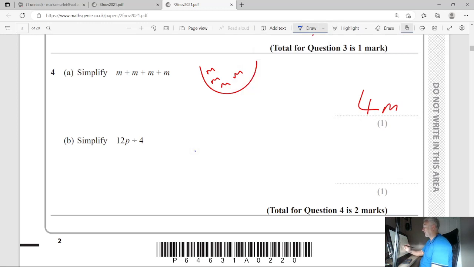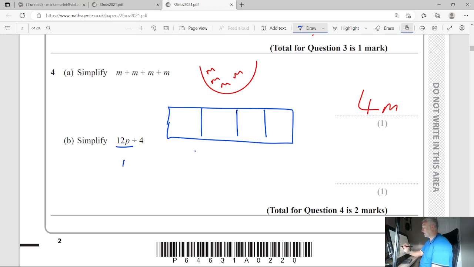Part B. I've got 12 lots of p, and I'm going to cut them into 4 bowls. So, cut them into 4. I've got 12 to put in. So I'm going to do what it says on the tin. 12 divided by 4. I'm not going to do it in my head, just going to do it on my calculator. 12 divided by 4 gives me an answer of 3.